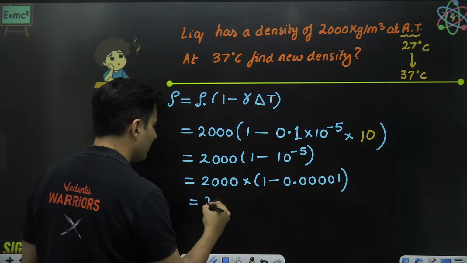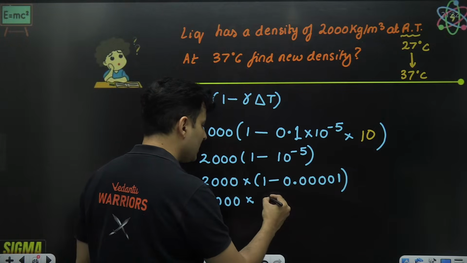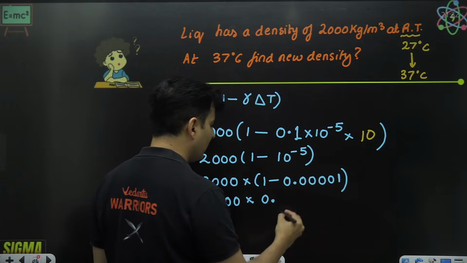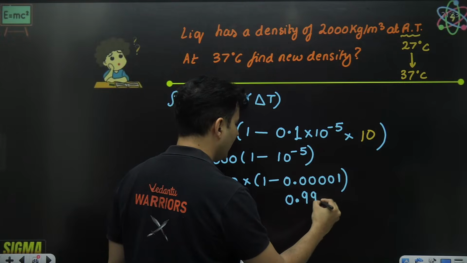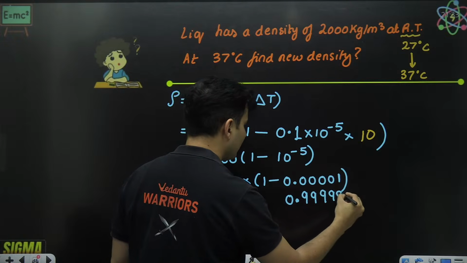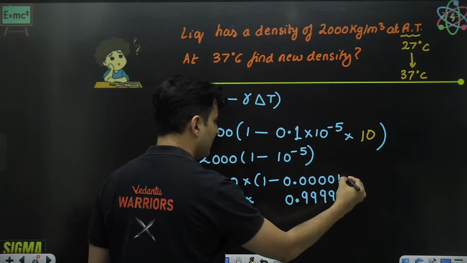So what will this number be? 2000 multiplied by 0. Think about it. What will this be? 0.99999. Yes, that many nines, guys.